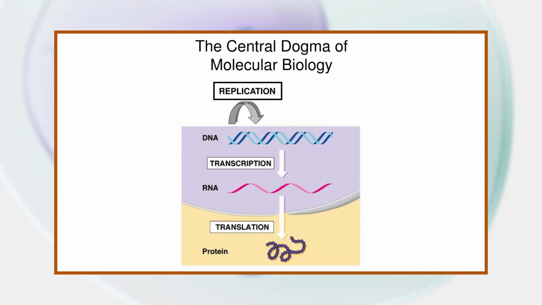The central dogma of biology is that DNA is used as a template to transcribe RNA, and RNA is used to synthesize proteins, and those proteins give you your unique phenotype of physical characteristics. And different cells turn on and turn off different DNA sequences by a process called differentiation.